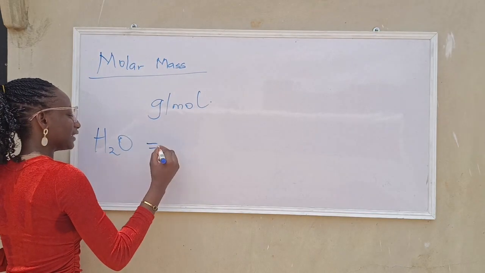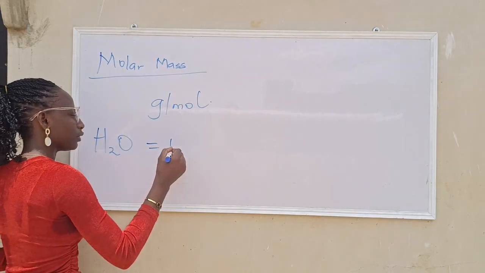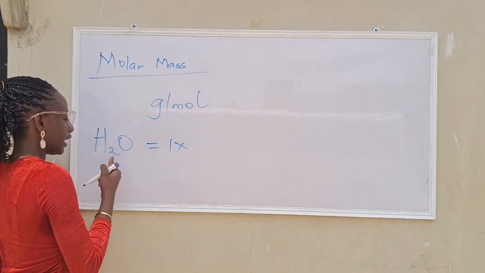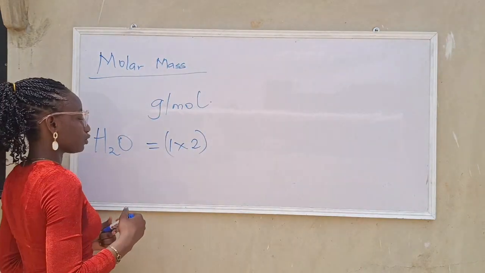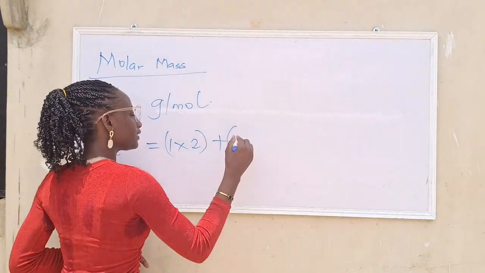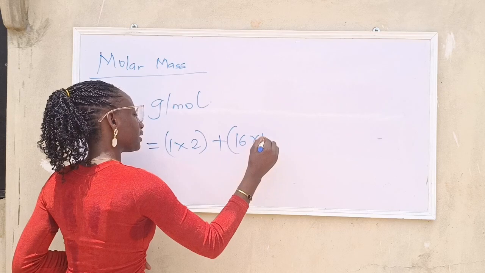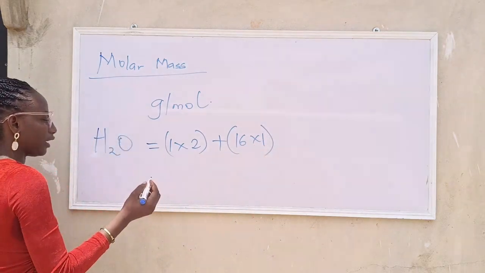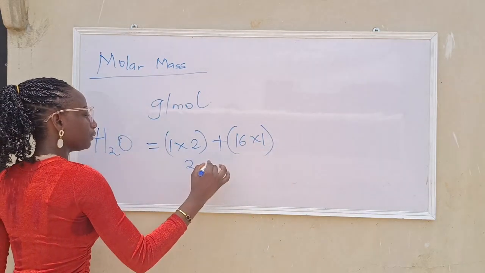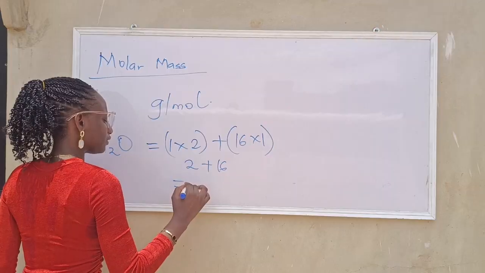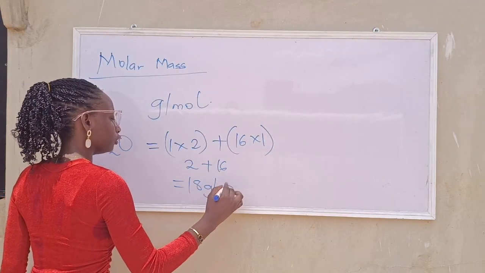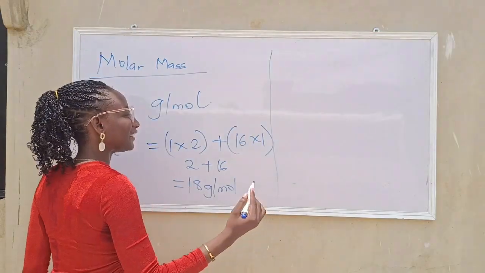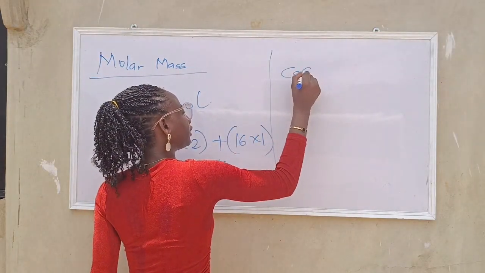For hydrogen, we know the atomic mass is 1 and we have 2 of them, so that is 1 times 2, then plus 16, which is the atomic mass of oxygen, multiplied by 1. So this is 2 plus 16, and that gives us 18 gram per mole.